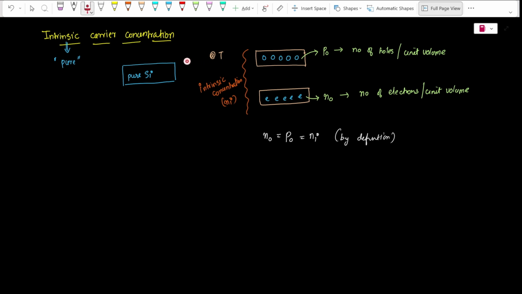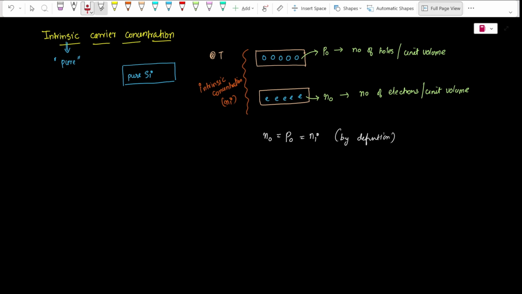Now, one key concept here is, how can I increase the concentrations? Definitely I have assumed a case of a temperature T. So if I increase the temperature, definitely you have more electron-hole pair generation. So the concentrations P0, N0 and Ni are all going to change.